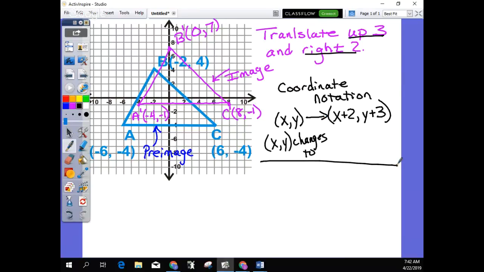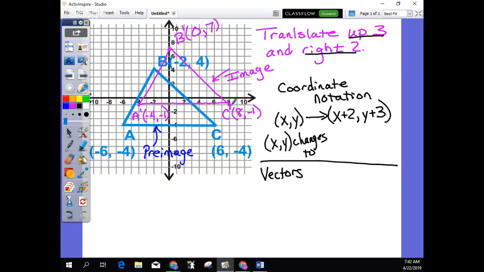Physics and math have another way to describe motion. They have what they call vectors. A vector communicates how something moves. For instance, this vector right here looks like a ray, but it's the vector that moves from C to C prime.